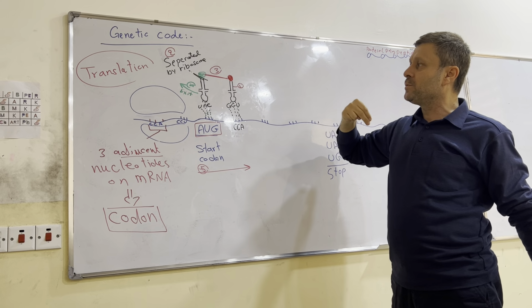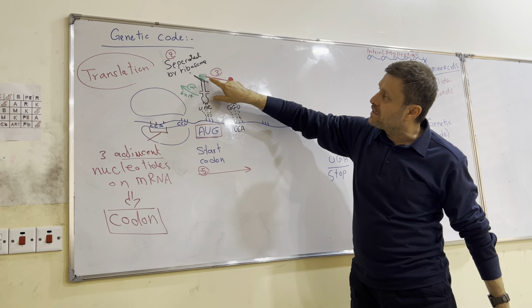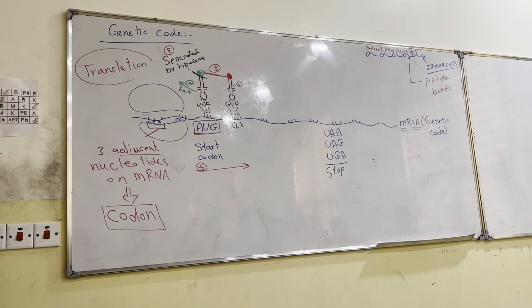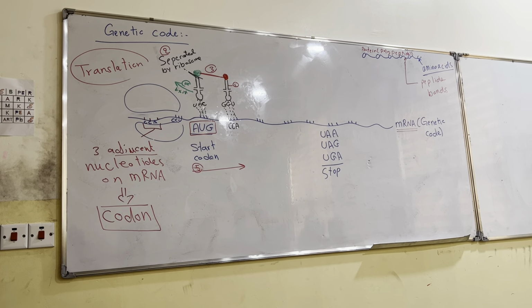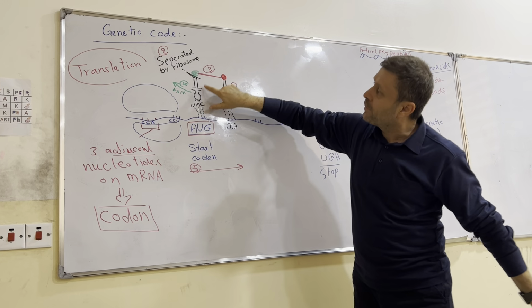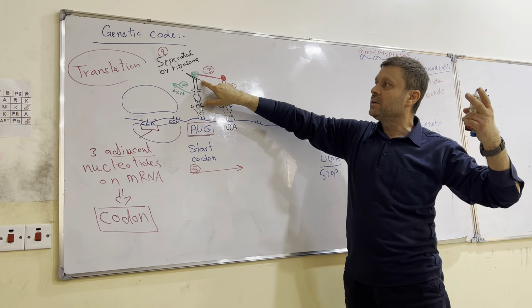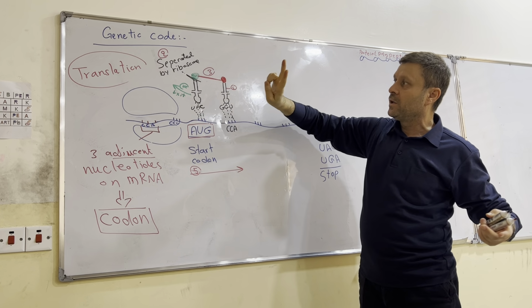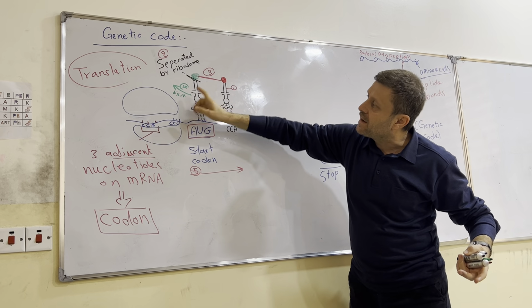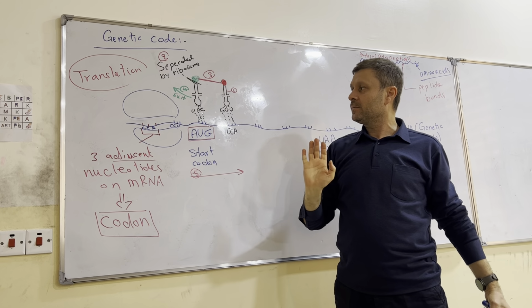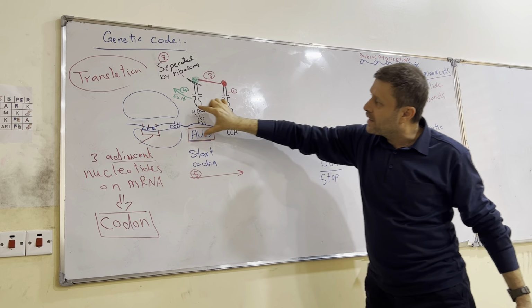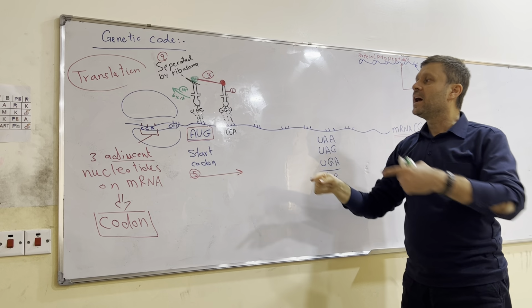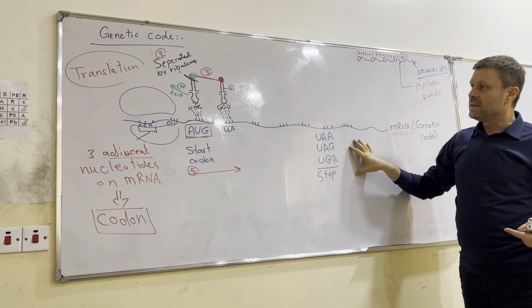After binding, the ribosome separates the first amino acid from the first tRNA. A peptide bond is formed between the first amino acid and the next amino acid. The first tRNA exits, and the ribosome moves along the mRNA a distance of one codon, and the process continues until it reaches the stop codon.